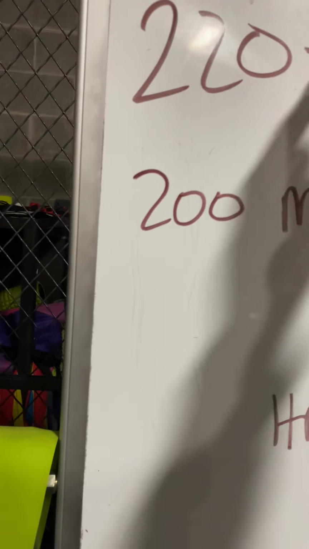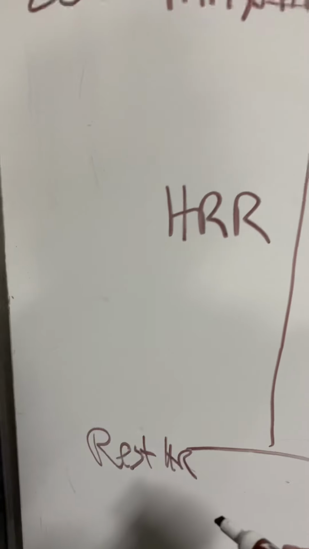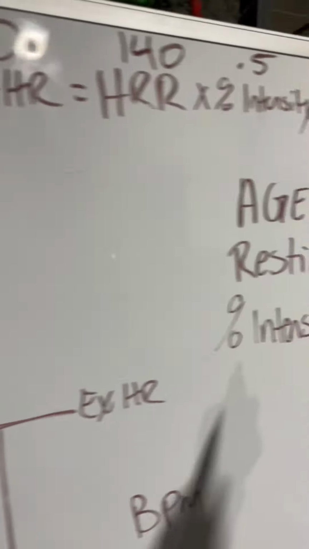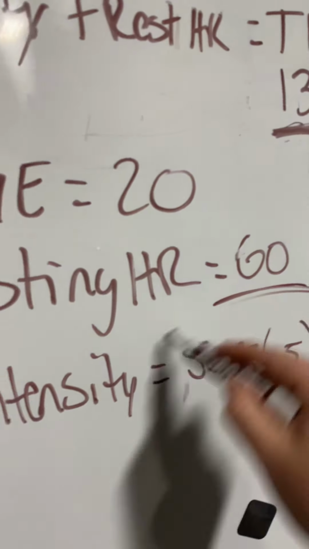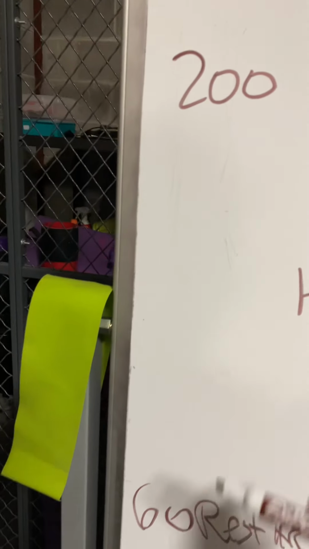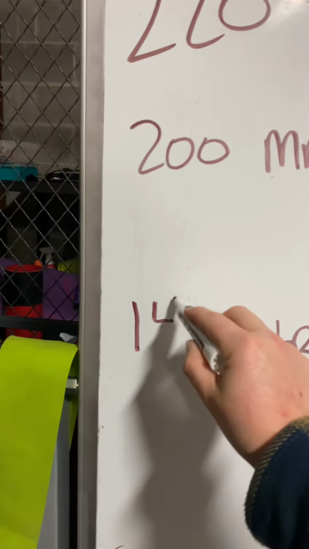This line up top is your max heart rate, which we find right there. Then you have your resting heart rate down here, which is 60, and we find that from this right here. So 200 minus 60 is your heart rate reserve of 140, which we find right here.